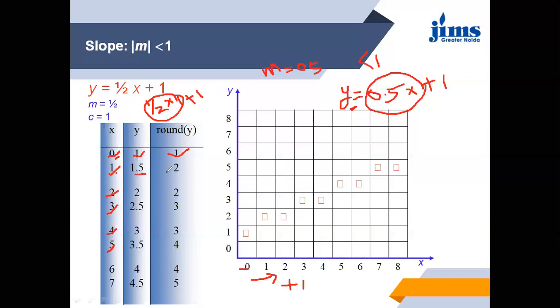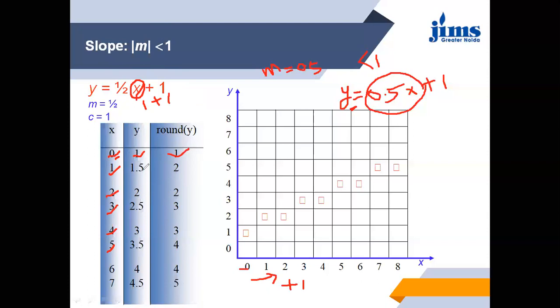When we approximate it, then this will be 2. When we are going to calculate the value of the next pixel using the same equation, we will put the value of y2 over here. This is 2 multiplied by half, that is 1, and 1 plus 1 is 2. So this is 2.